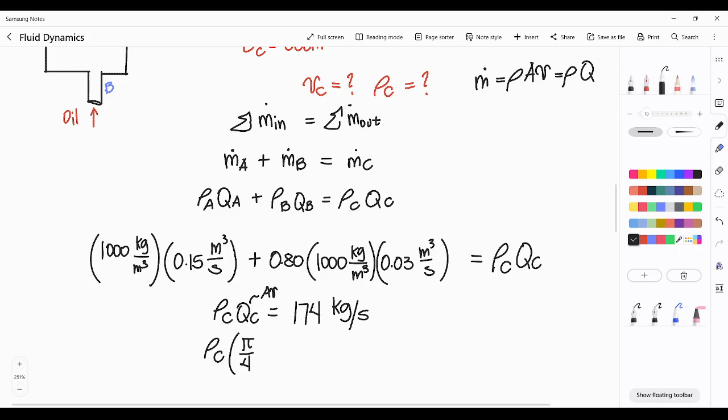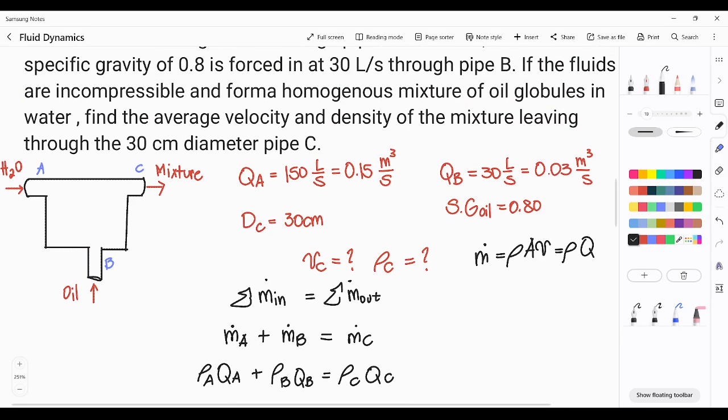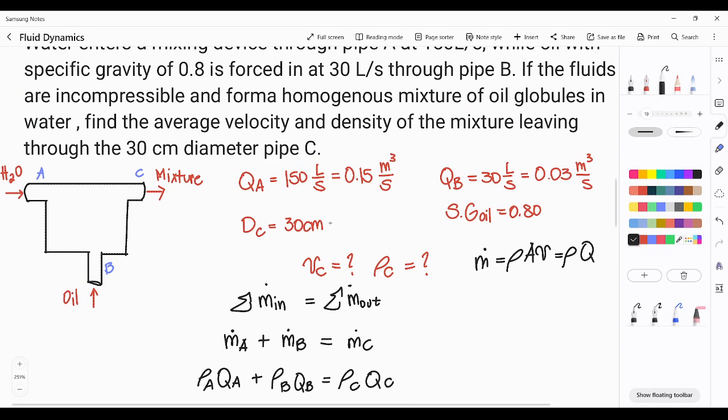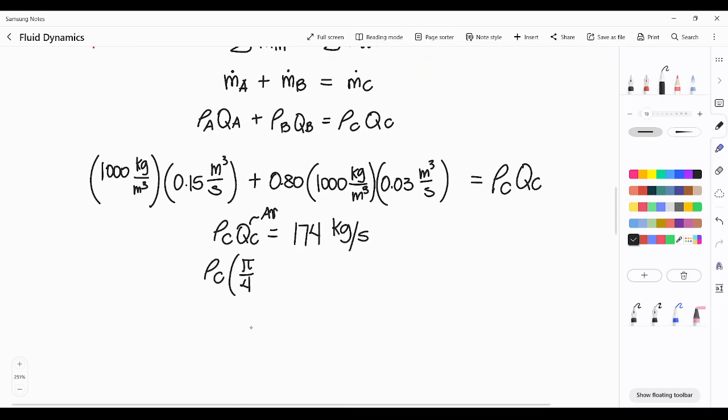Given yung diameter sa C, which is 30 centimeters. Convert mo lang sa meters, that will be 0.3 meters. 0.3 meters, tapos dapat naka-squared, times the velocity. This is 174 kilogram per second.